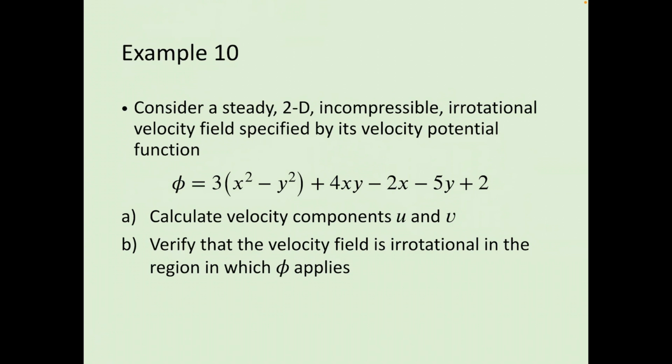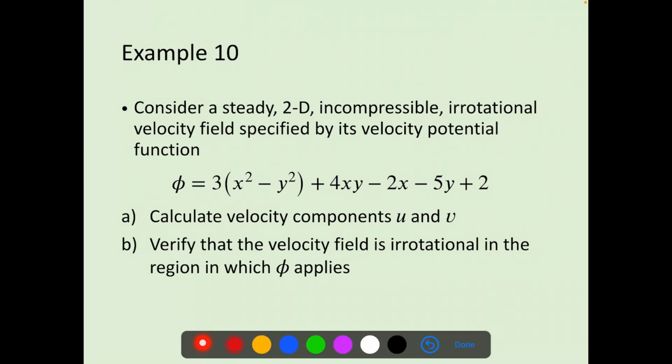Given phi, we know that the velocity vector V equals nabla phi, which is del phi over del x i plus del phi over del y j.